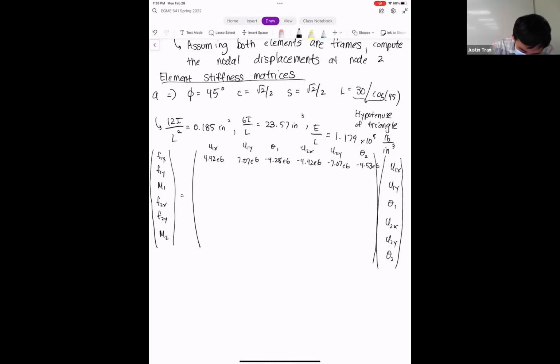I'm going to take that first row and write it into the first column. All right, so that's the first row and the first column. Now we have the second row.